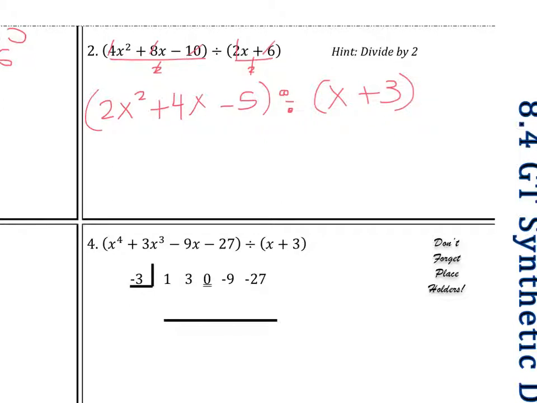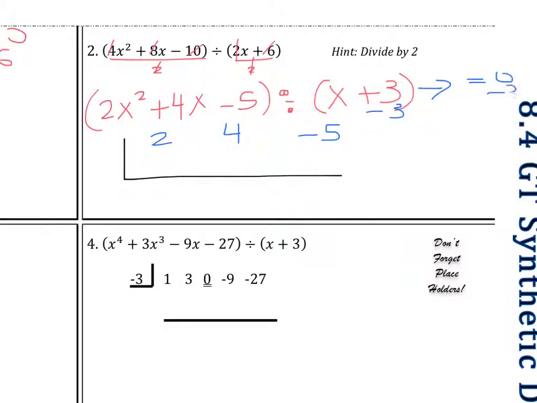Now to set it up, remember you have to double check that the dividend is in descending order of power. So that's a power 2, power 1, power 0. I'm going to take the coefficients and put them in order. Now I'm going to take the divisor and set it equal to 0. So I'm going to subtract 3, so my x is going to be equal to negative 3, and that's the number I'm going to put on the outside.